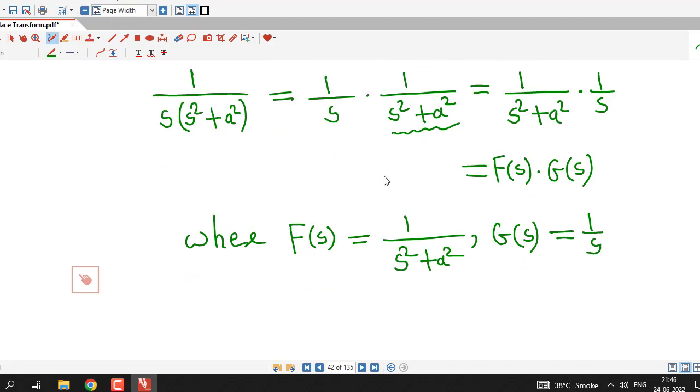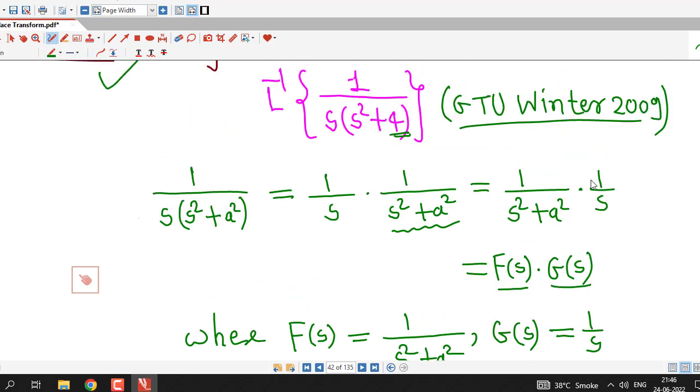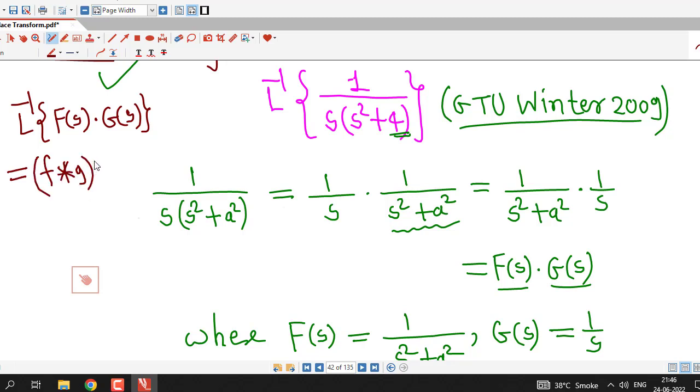We are interested in the inverse Laplace transform of capital F of s into capital G of s, and by the convolution theorem we have inverse Laplace transform of capital F into capital G equal to convolution of small f and small g.